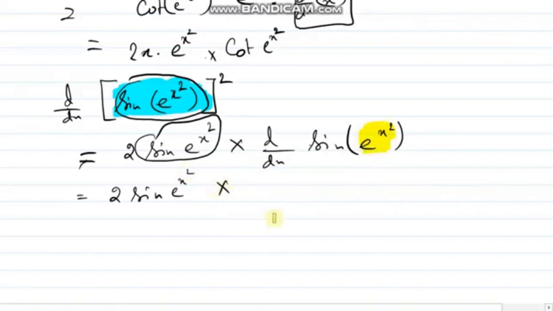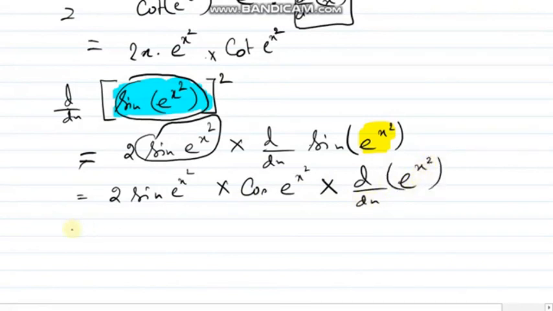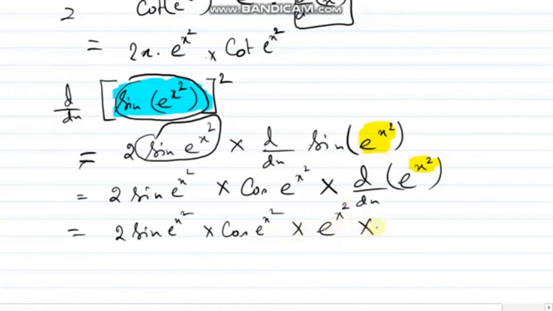Which one you don't know, just assume this as x. d/dx of sin x, that will be cos x, right? Cos x into d/dx of x. So 2 sin e to the power x square into cos e to the power x square into d/dx of e to the power x. The formula is e to the power x into d/dx of x square, which is 2x.